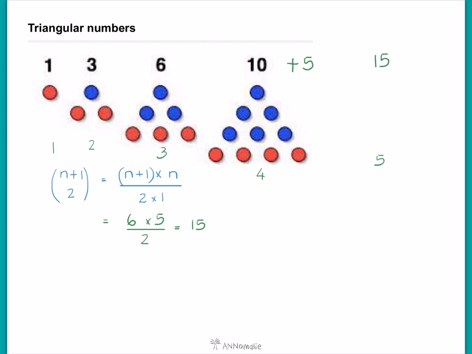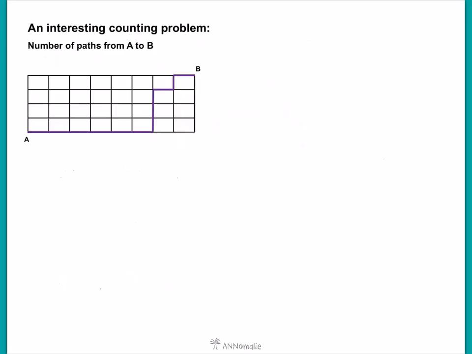So this is a way of finding the triangular numbers. We could also say that if I've got n choose 2, that will then be n times n minus 1 divided by 2. So this is another way of generalizing when I need to choose 2 objects from n objects. So just 2 very interesting links to the choose function.